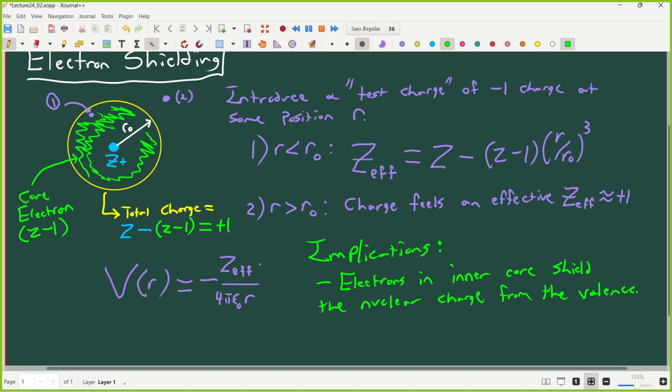So the alkali metals, lithium, sodium, rubidium, and cesium, all of these atoms act very hydrogen-like. As we would expect from chemistry, they all have one unpaired electron.